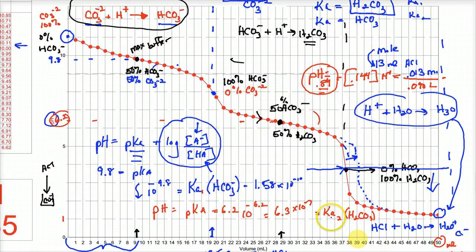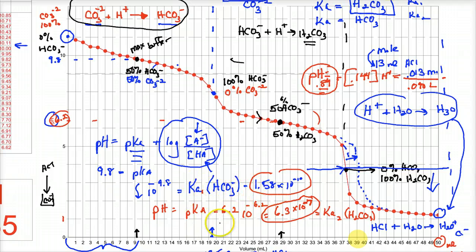And generally speaking, even though we were looking at this from the base perspective, we just solved for the Kas of the acid. You notice that this one, 10 to the negative 7, is about 1,000 times more acidic. We would say the carbonic acid is about 1,000 times more acidic than the bicarb.